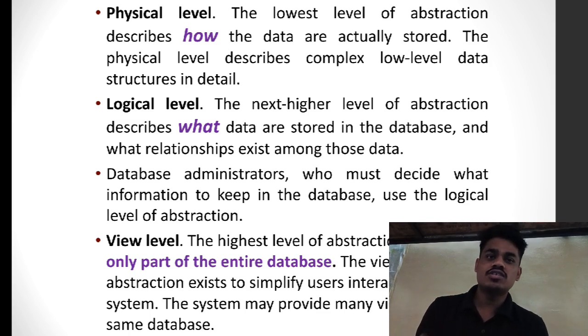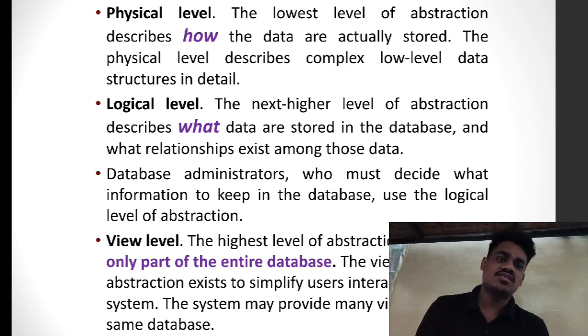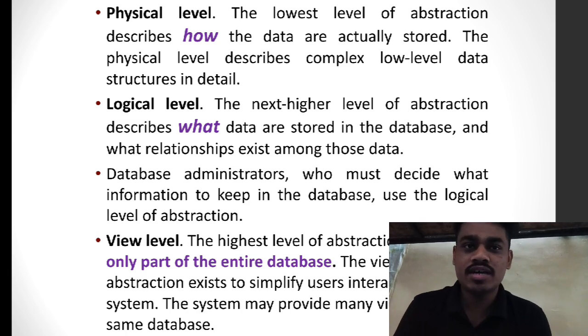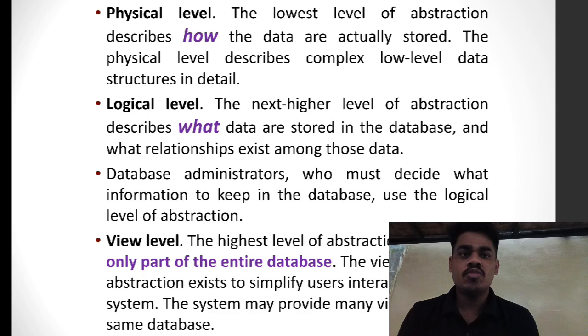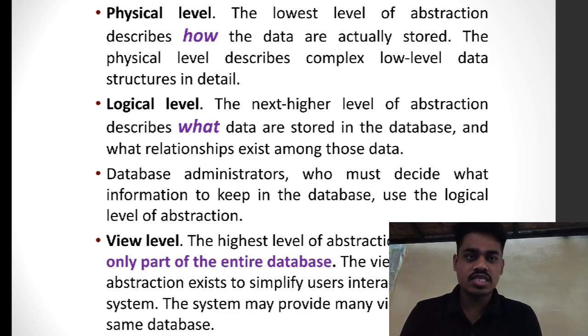The second one is logical level. It describes what data is stored in the database. And the third and the last level is view level, which has the highest level of abstraction and describes only part of the entire database. The view level of abstraction exists to simplify users' interaction with the system. The system may provide many views for the same database.